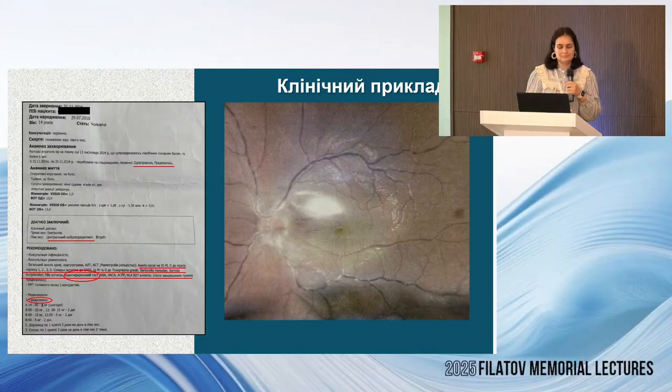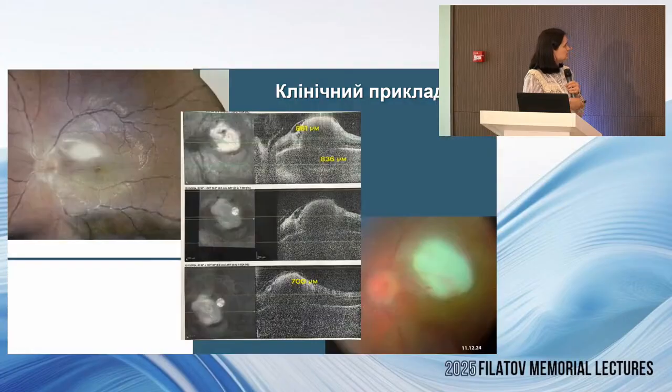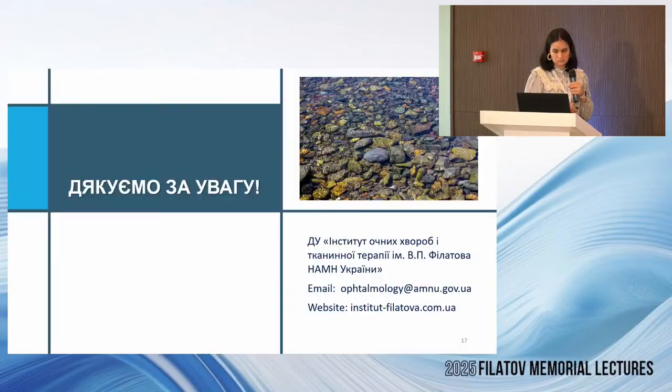Even HLA-B27, which doesn't provoke posterior uveitis, and he got wrong treatment before us. He was prescribed corticosteroids, and from one small TB focus, we got granulomatosis.